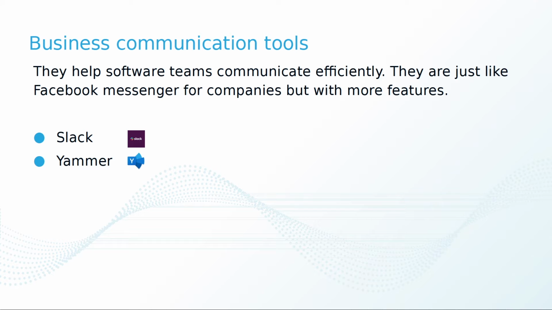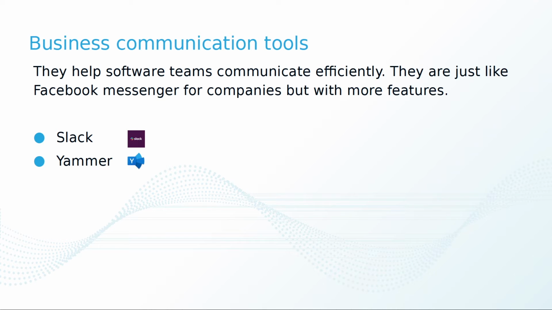Now, if you are going into a software company, most likely the teams and the people within that company communicate using some form of tools or application software. It's not that they cannot use WhatsApp or Facebook Messenger or email, but they do that too.